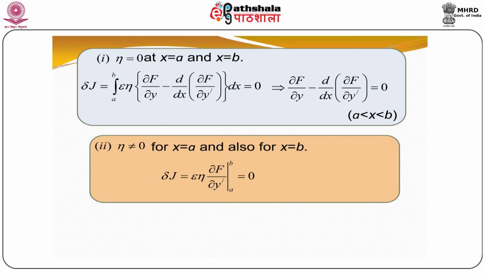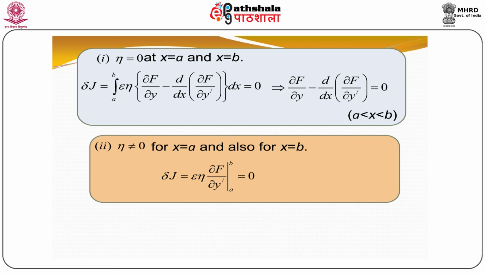Please remember that the last term vanishes since eta equal to 0 at x equal to a and x equal to b. As the variation is arbitrary, we get this one equal to 0 for a less than x less than b, which is nothing but the Euler Lagrange equation.